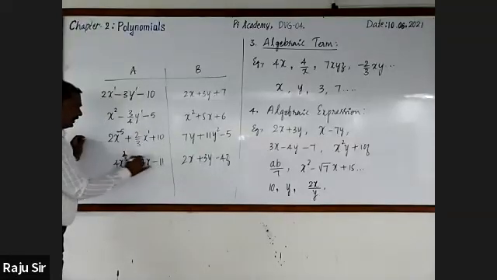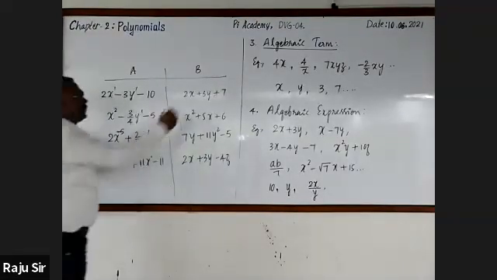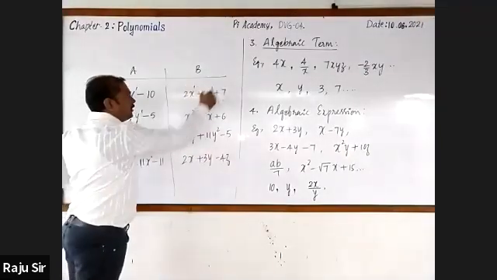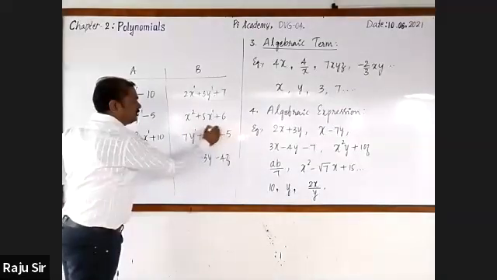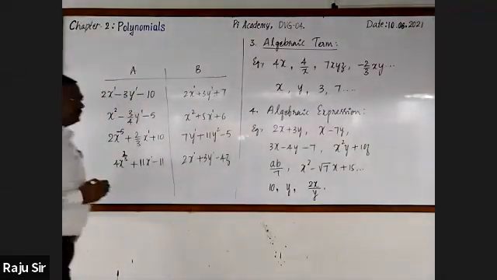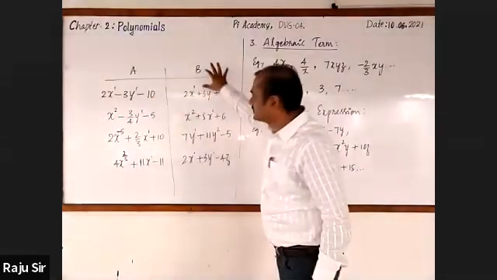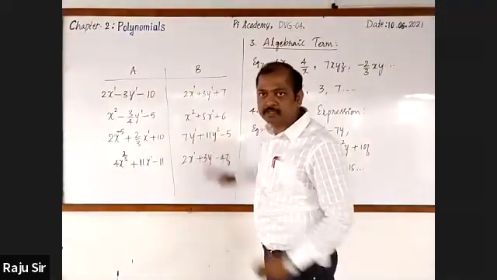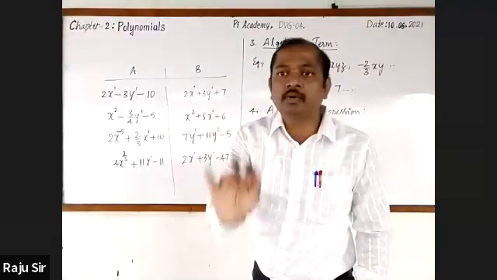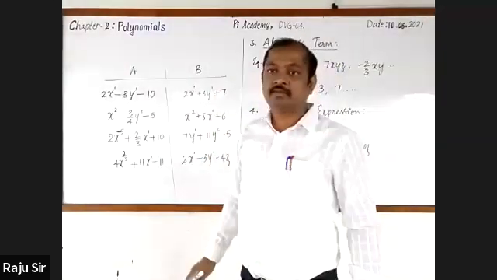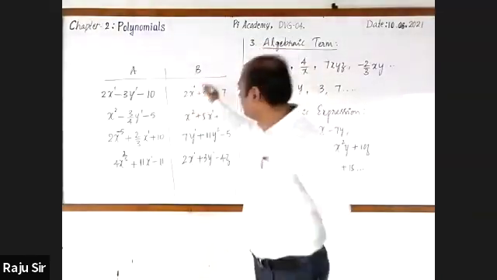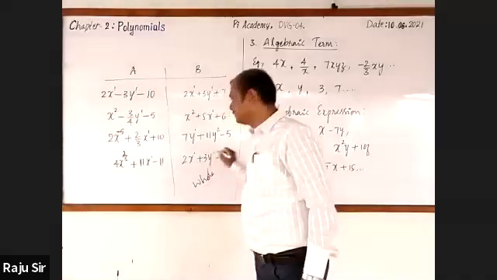Here 2 by 3, 1. Whereas the powers of the variables involved in these expressions are 1, 1, 2, 1, 1, 2, 1, 1, 1. You can notice that in the second group of algebraic expressions, the powers are non-negative integers, nothing but whole numbers.